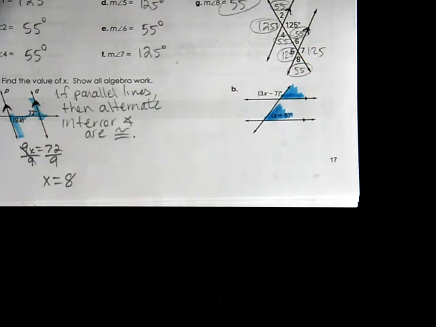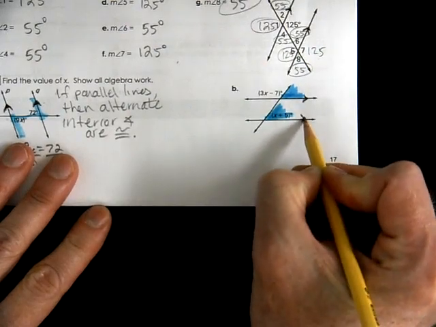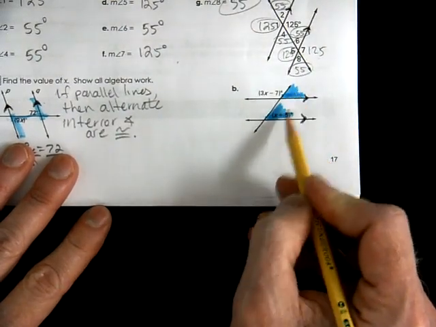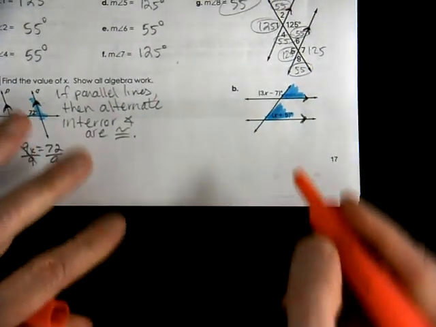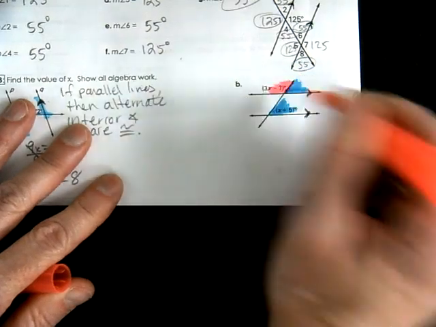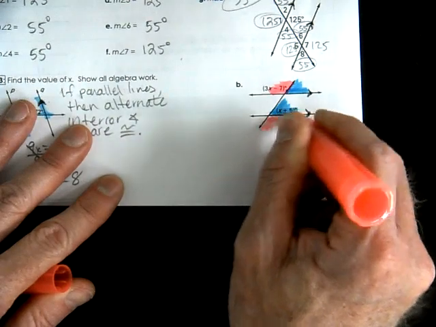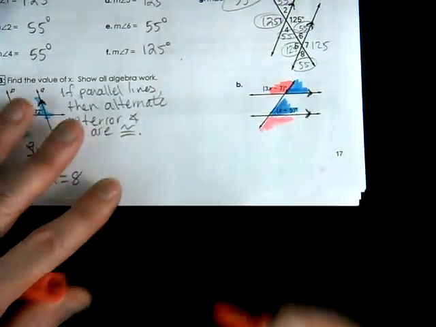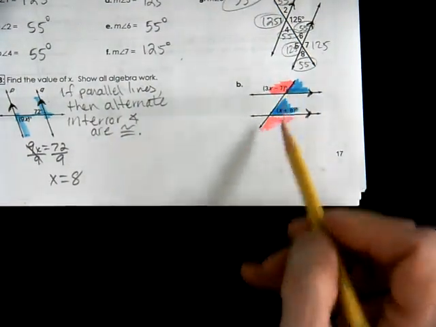So those angles would be congruent to each other if the lines are parallel, and we know they are. But we're not working with blue over there. We know that this angle and this angle, they're congruent because they're considered alternate exterior angles.